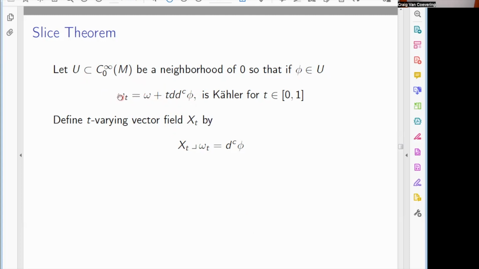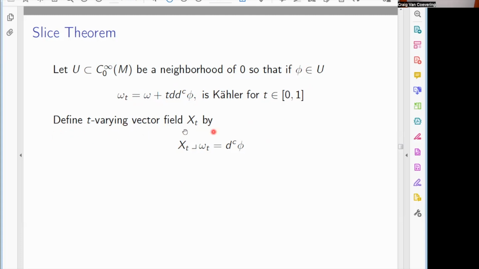Consider the path of Kähler metrics from omega to omega plus i d d-bar phi.